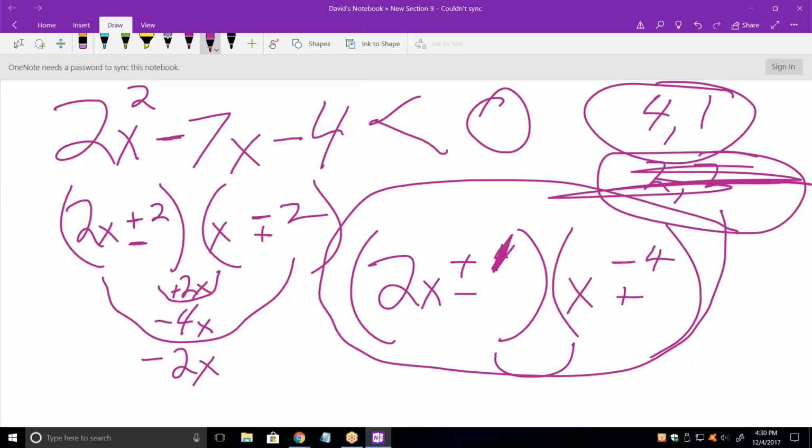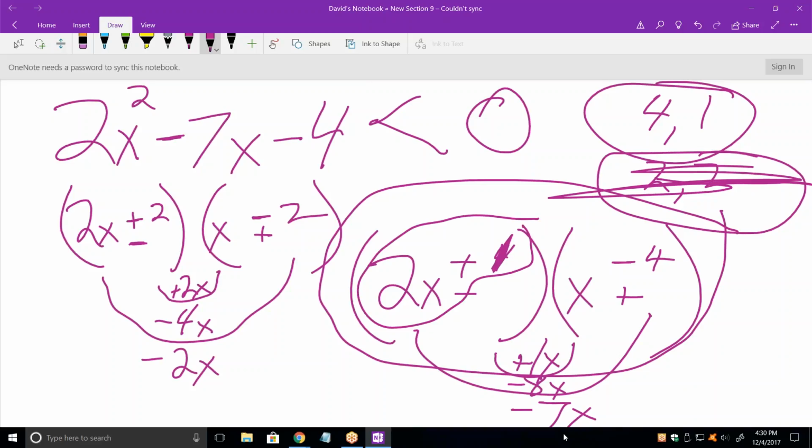Oh, we got minus 4 times 2x, -8x. Now add those two together. Equals -7x. Perfect. That is our middle term. That's the answer. So the answer is 2x plus 1 times x minus 4.